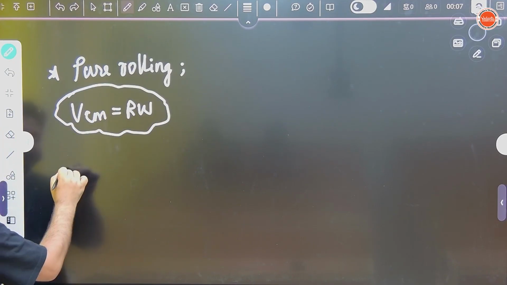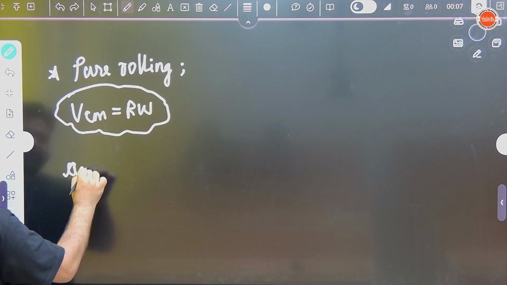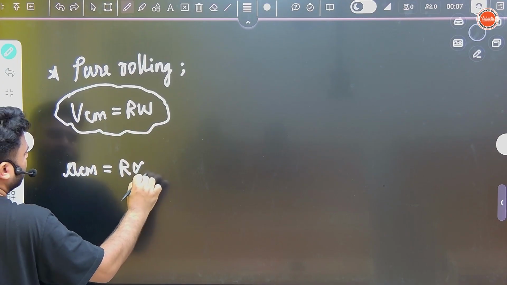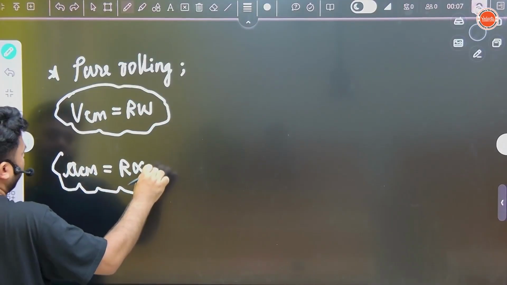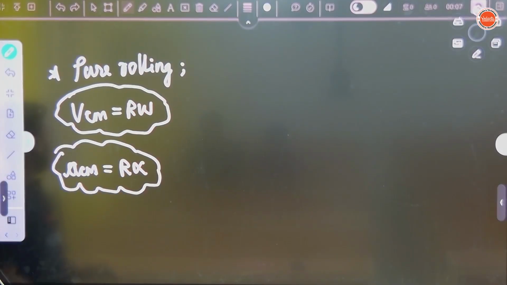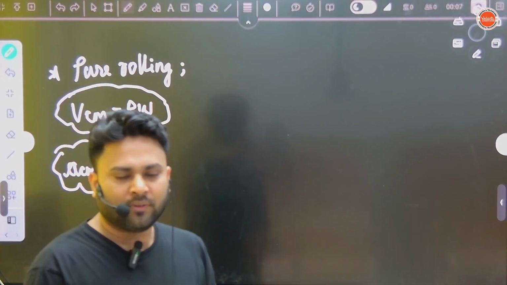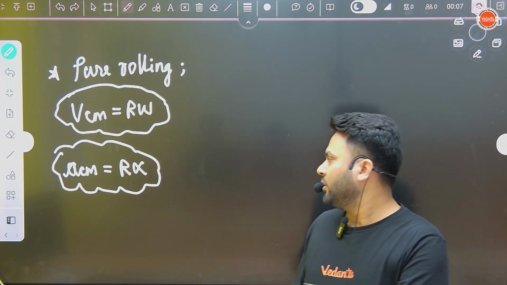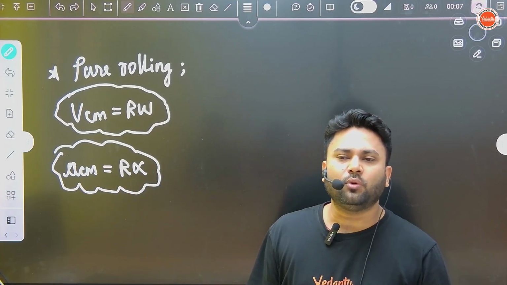And the second point, the acceleration of center of mass equals r alpha, if the object is accelerating. Suppose they have given some case in which the object is accelerating. So acceleration of center of mass equals r alpha.